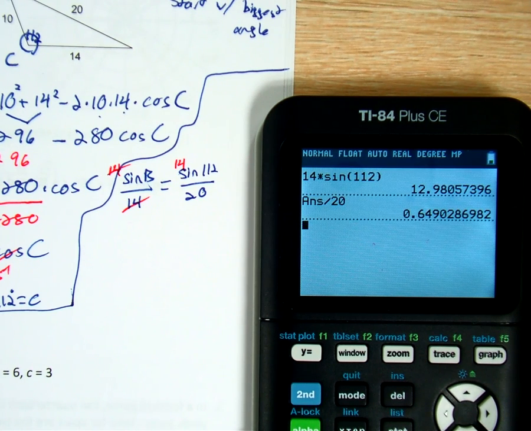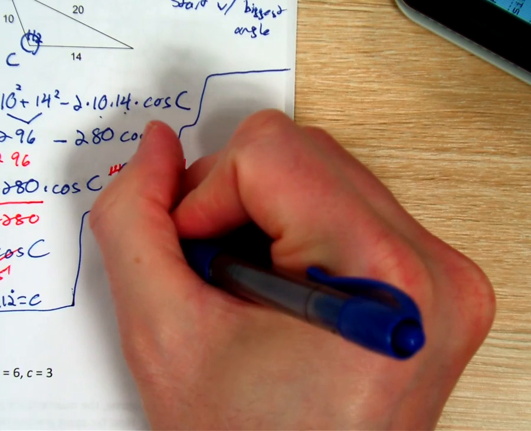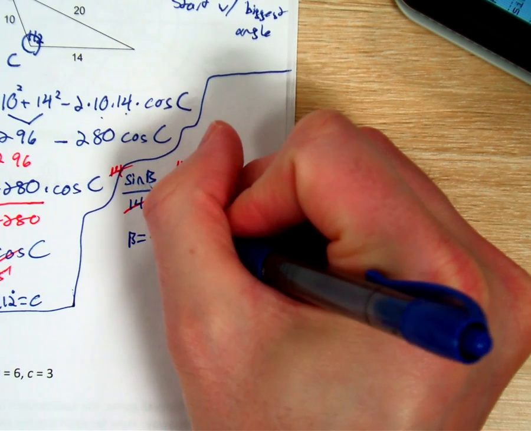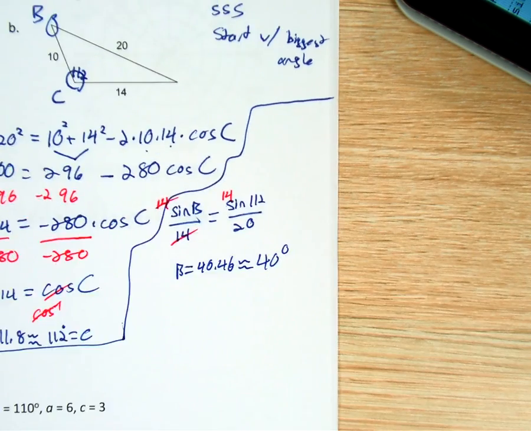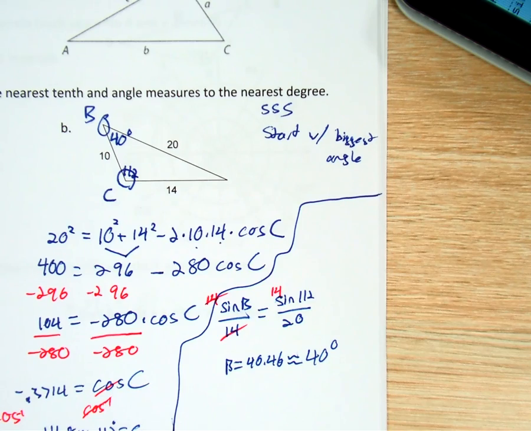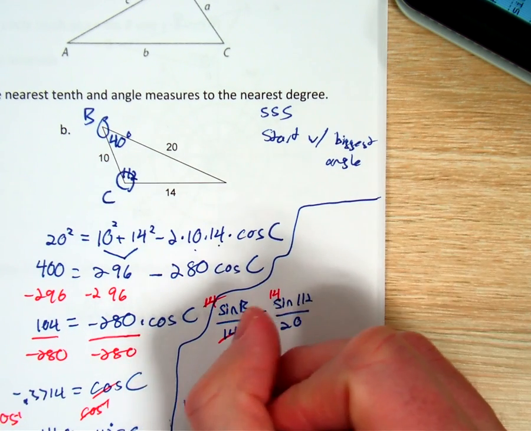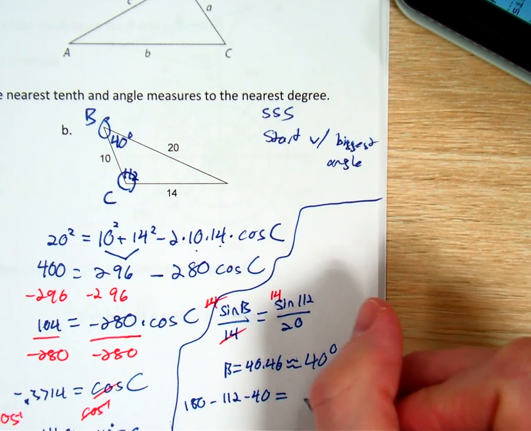Second sine, sine inverse of that answer. 40.46 is actually going to round down to 40 degrees. 40 degrees for angle B. Put that back up there. Okay, a little triangle subtraction, 180 in the triangle minus 112 minus 40 leaves us with 28 degrees for angle A.